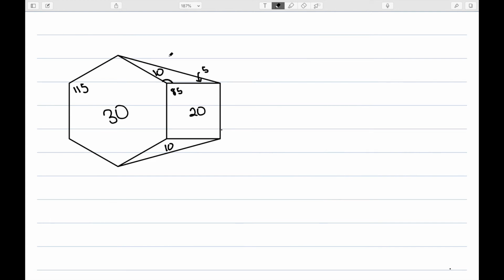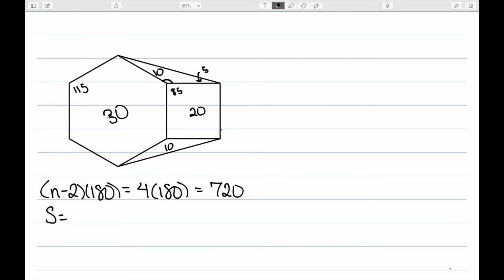And I want to consider the defect of the entire hexagon. Just like before, we know that hexagons should be n minus 2 times 180, which would be 4 times 180, or 720. However, what we actually have, over here on the left, we have two angles that are 115 degrees each. My top and bottom angles are 115 plus an extra 5.